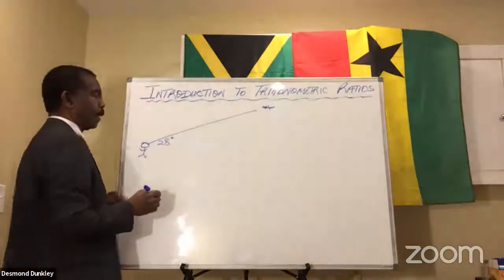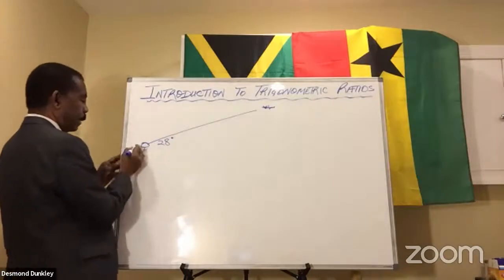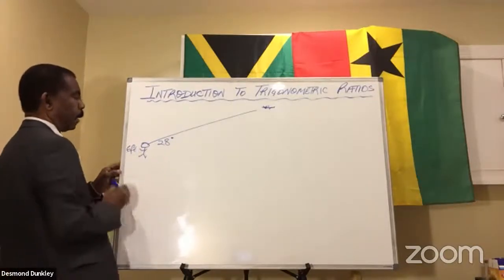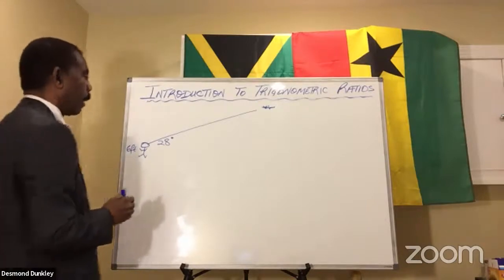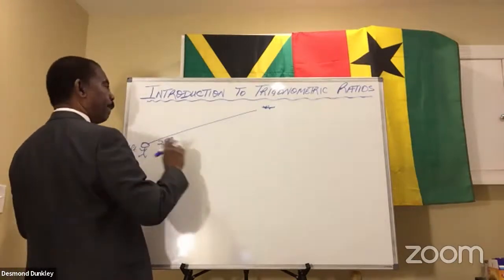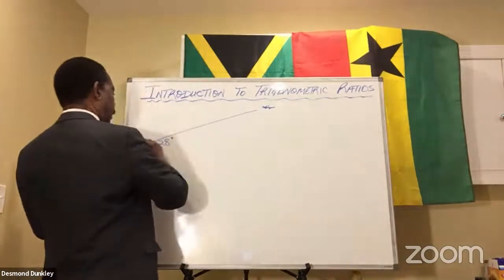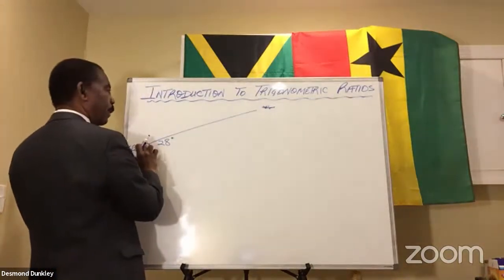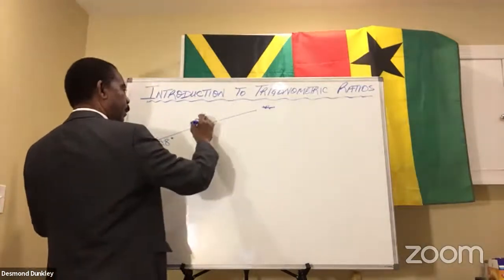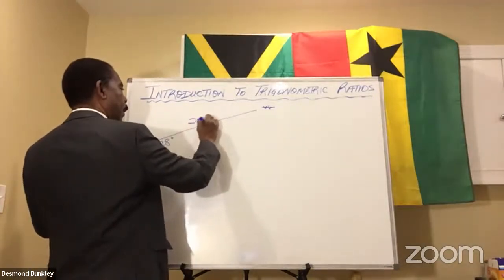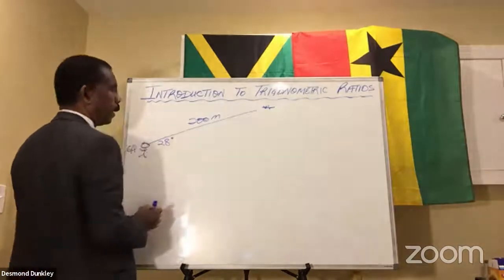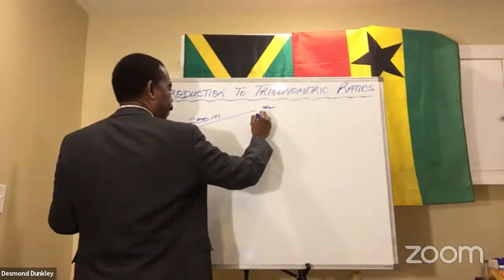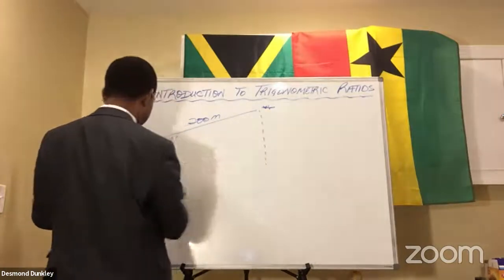And the question: John is 6 feet tall. And if the bird is, from John's vision, 200 meters away, how high is the bird from the ground?